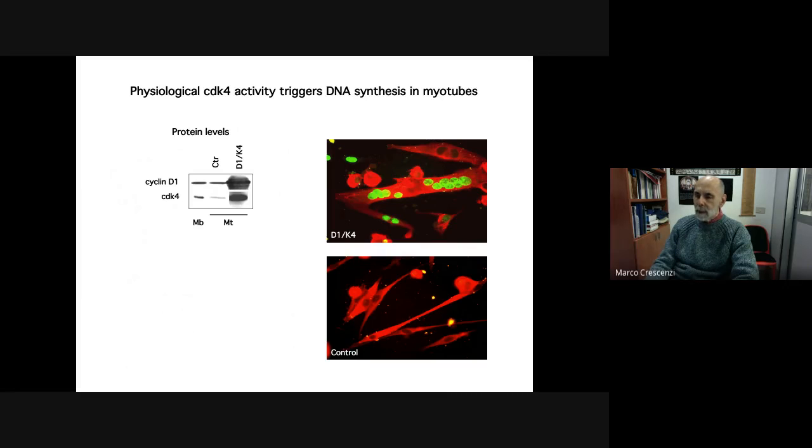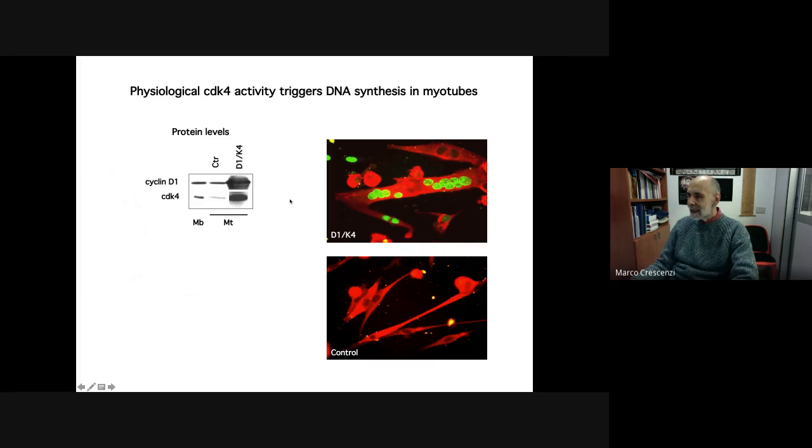However, we got a surprise when we measured the kinase activity associated with these high levels of the two proteins. Consider that as far as the cell cycle is concerned, it's not really the amount of cyclin D or CDK proteins that matter.